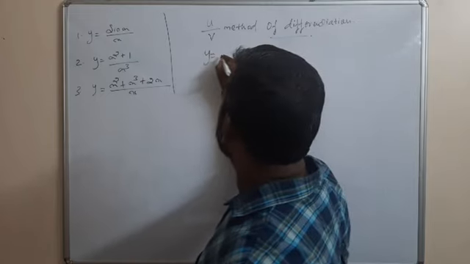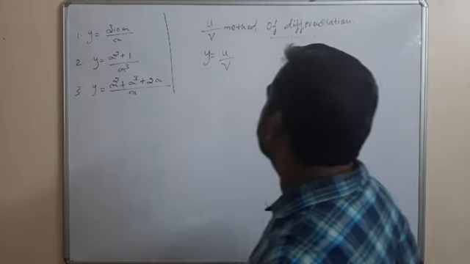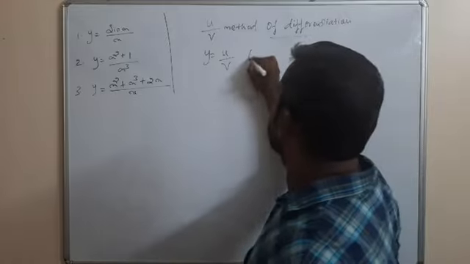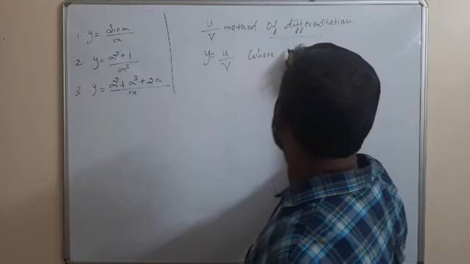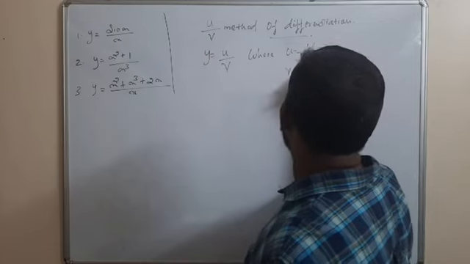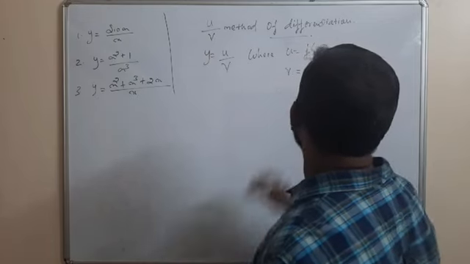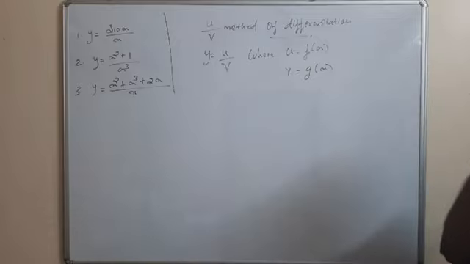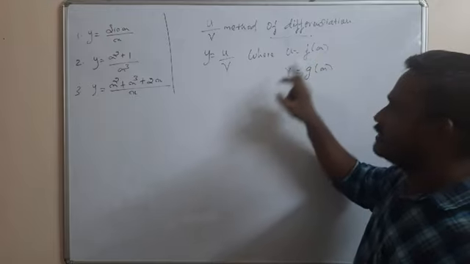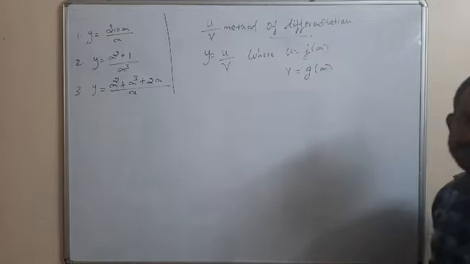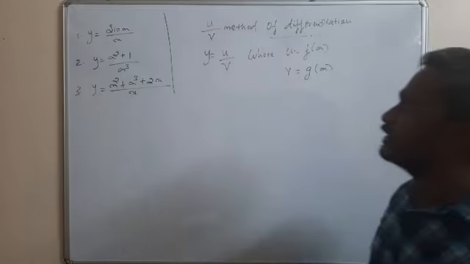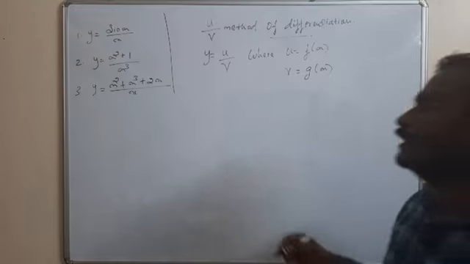Suppose y is equal to u by v, where u is equal to f of x and v is equal to g of x, two different functions in x. So they are in division. How do we find out the differentiation?